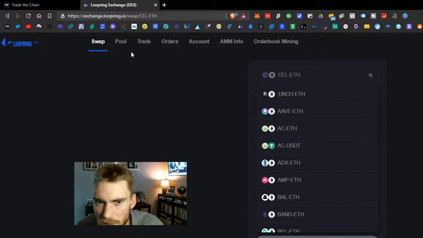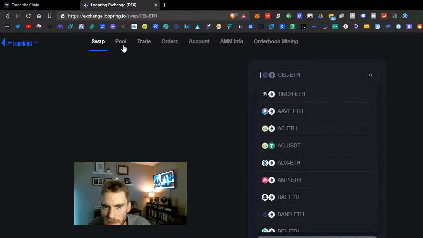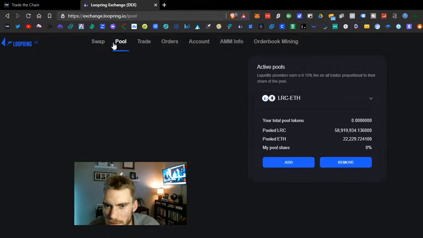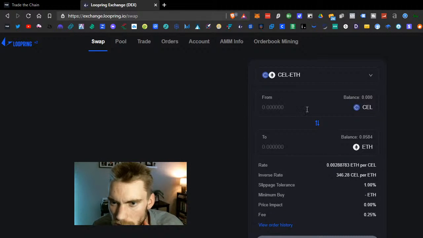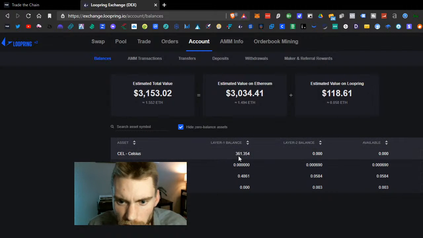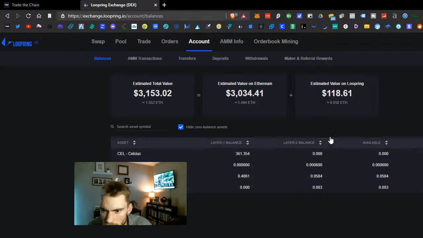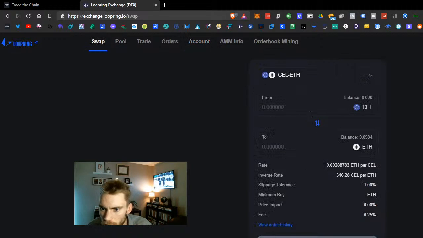We can add to pools too, of course. So in this account, what did I put? Layer 1, layer 2. Looks like I need to actually switch some, so maybe I didn't. I thought I did, but anyways, I'll come back and do another demonstration.